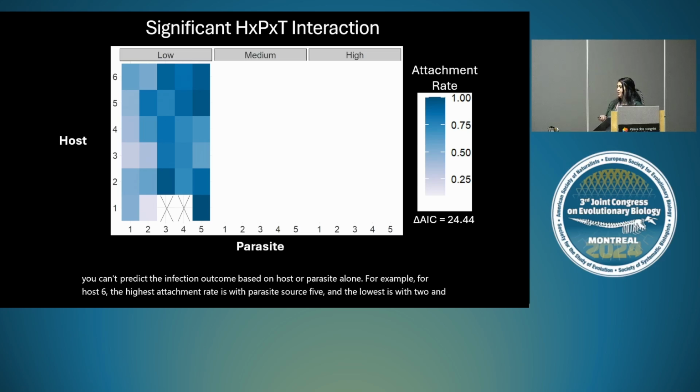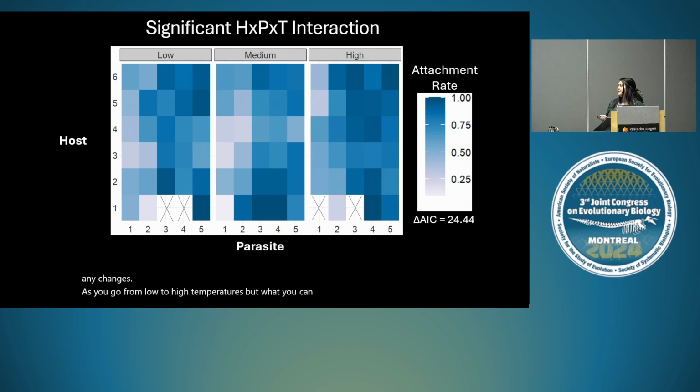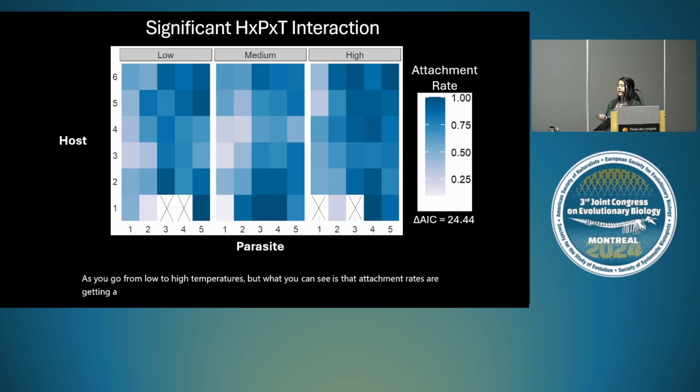And then if you go here to host 2, you can see the highest one is 3, and the lowest one is 1. So for the medium and high temperatures, again, it looks really chaotic. It's really hard to see any changes as you go from low to high temperatures. But what you can see is that attachment rates are getting a lot higher in this higher temperature, which we see in that main effect as well.